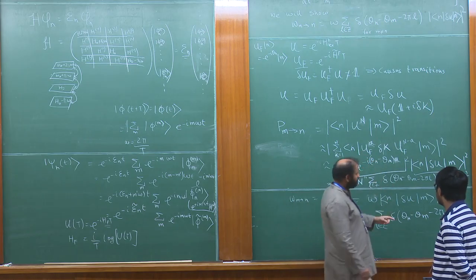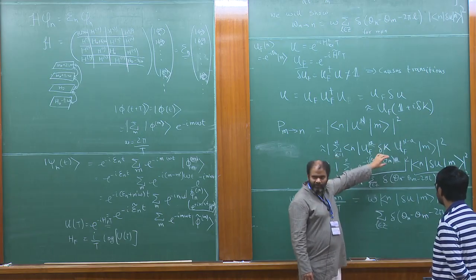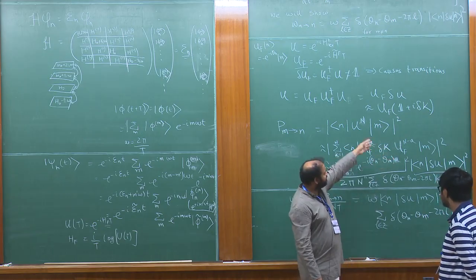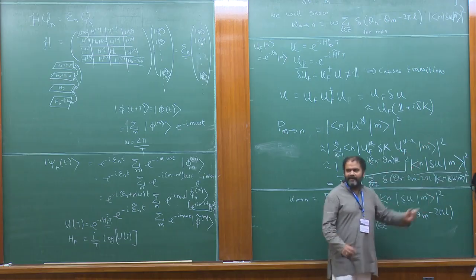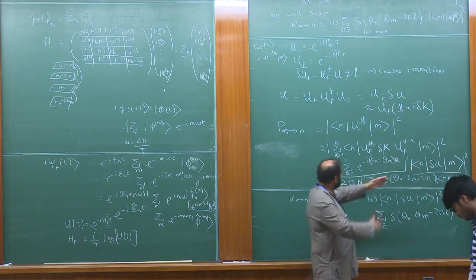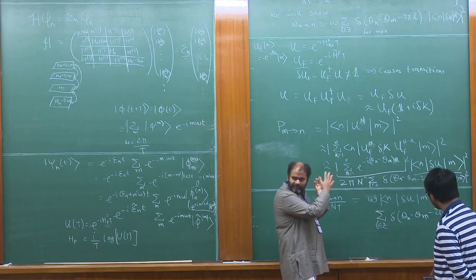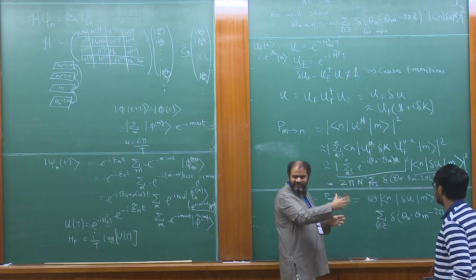So I'm retaining one of these UFs, such that I have UF times i delta k inside, and the remaining I'm taking out as an overall factor because it's a mod square. So that's why I am able to.